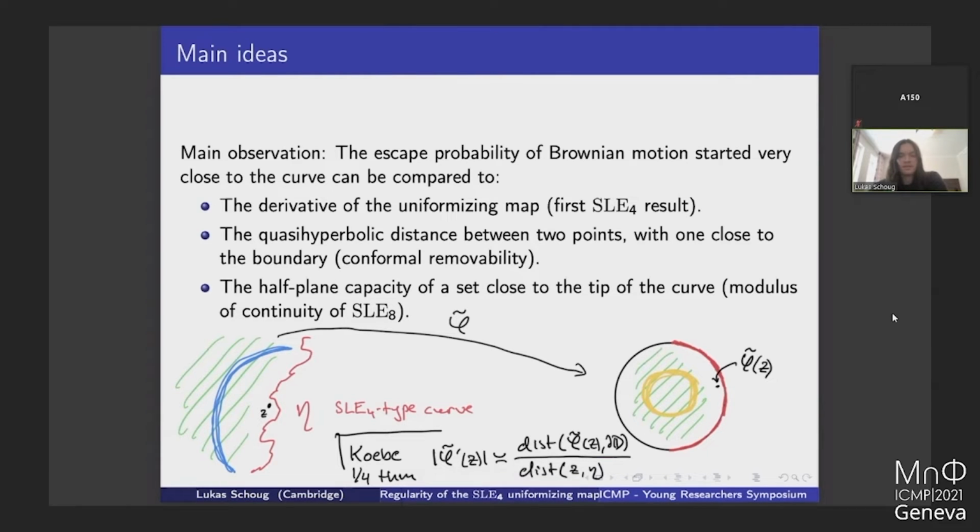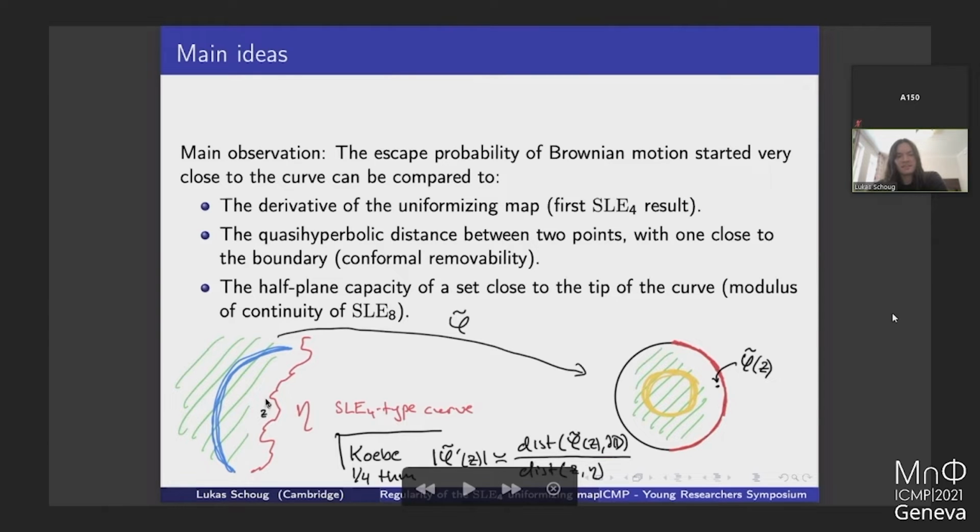Then it's natural to start with the derivative of the map. And using the Koebe 1/4 theorem, this is up to constants equal to the distance between the image point and the boundary divided by the distance between the first point here and the boundary here.